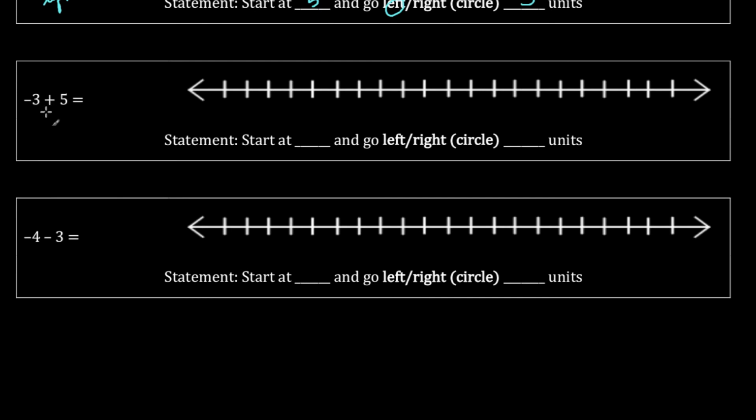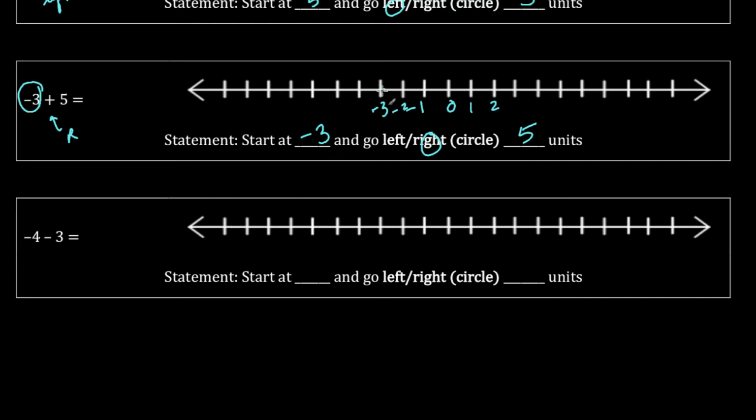We have -3 plus 5. Remember, we start with -3, and then we go right 5 units. So let's create our number line: 0, 1, 2, -1, -2, -3.